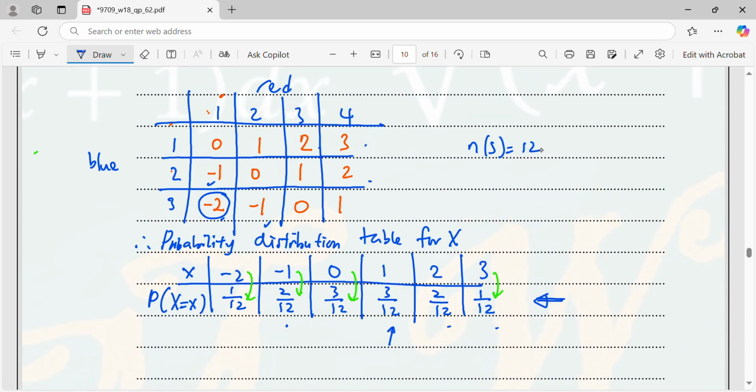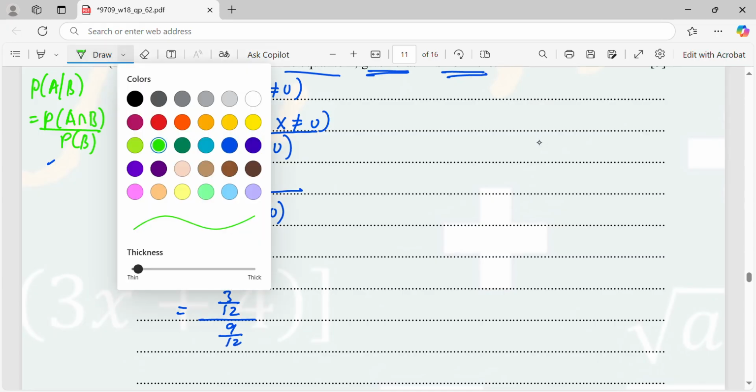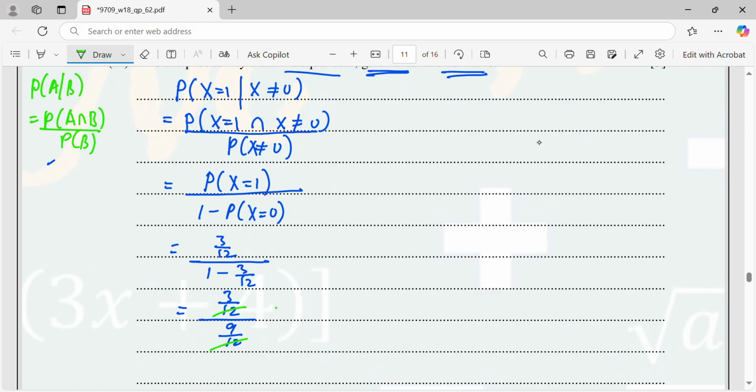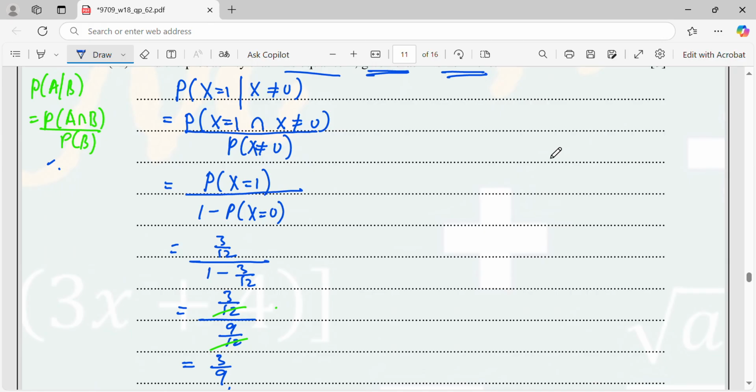So P(X equals 0) is again 3 over 12. So basically, I'm getting 3 over 12 over 9 over 12. Okay, so the 12 can be cancelled off. Both are denominators. Therefore, it is just 3 over 9. So 3 over 9 is going to be 1 over 3. So done for this question.